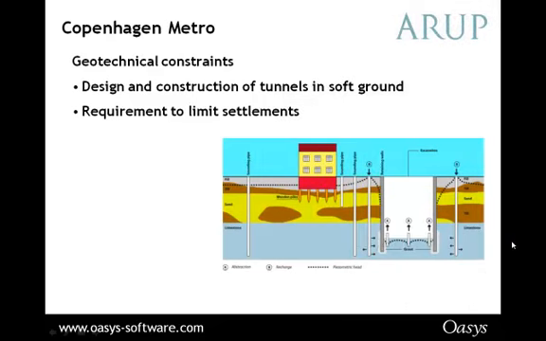But this particular section was designed by Arup, and the geotechnical constraints for this construction was significant in terms of the fact that the design and construction of tunnels were in soft ground, and also there was a requirement to limit settlements, because a lot of the buildings in Copenhagen are on these wooden piles, and they can really be affected by settlements. So for that reason, Xdisp was particularly important.